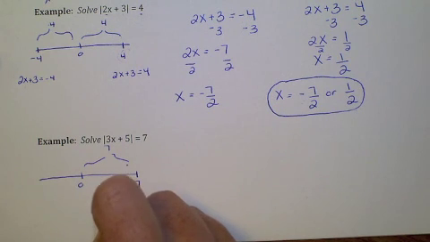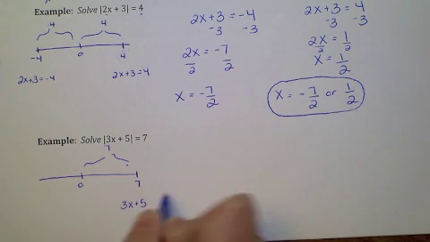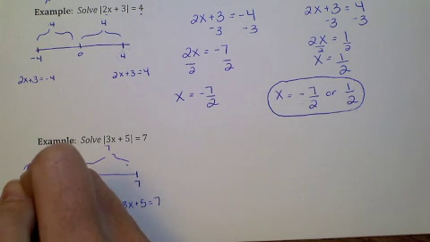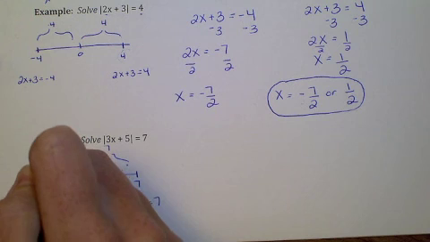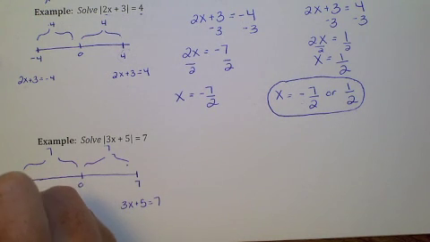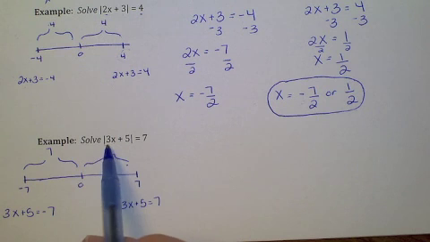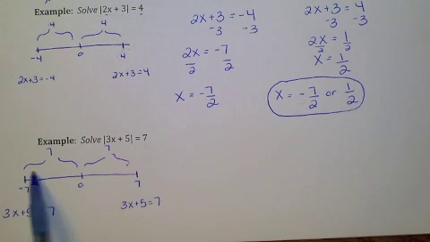Okay, so 3x plus 5 could, I like to say it lives up here at 7. Or it could be 7 units in the negative direction. So 3x plus 5 could equal -7. That's what absolute value means. You could be that much in the positive or that much in the negative direction from 0.